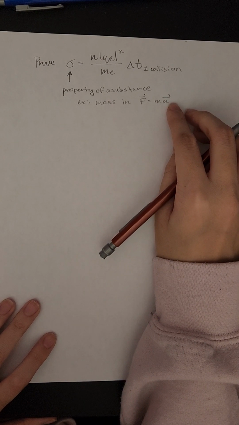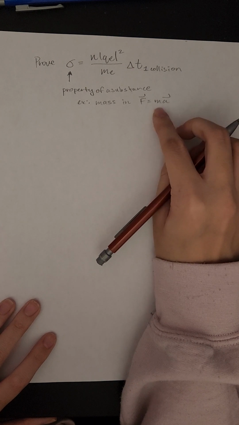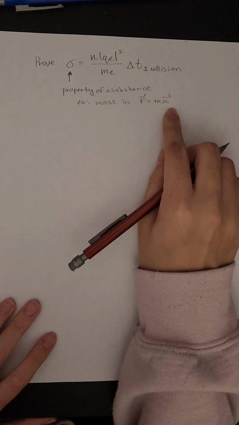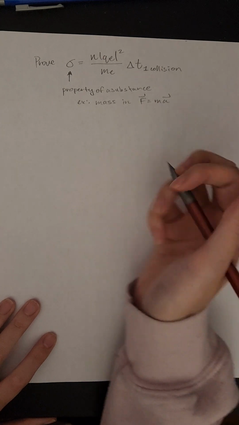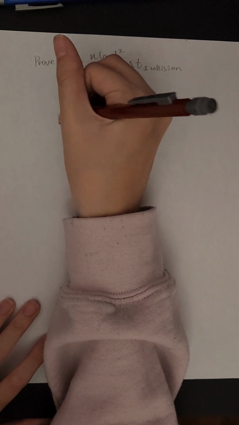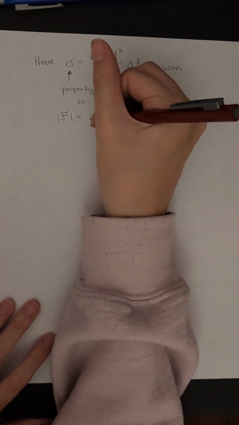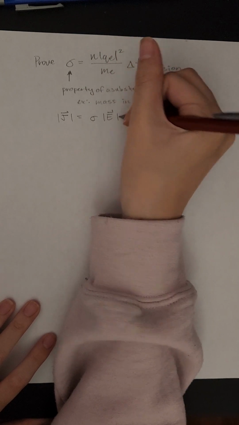Same as if you increase the acceleration, the mass will not change. It is a property of the object that we're studying. So it doesn't depend on the force nor the acceleration, which is the same as how conductivity does not depend on the electric field.